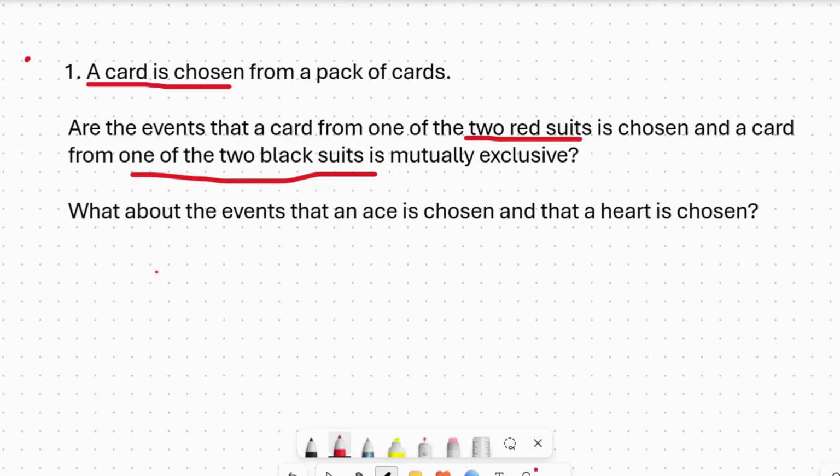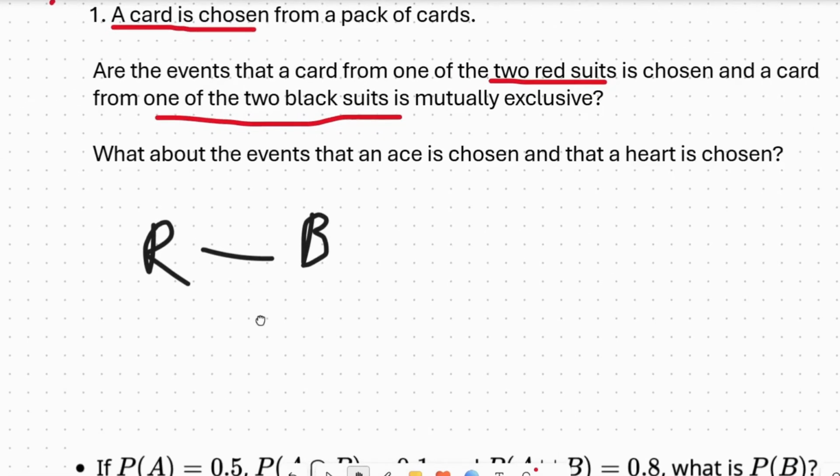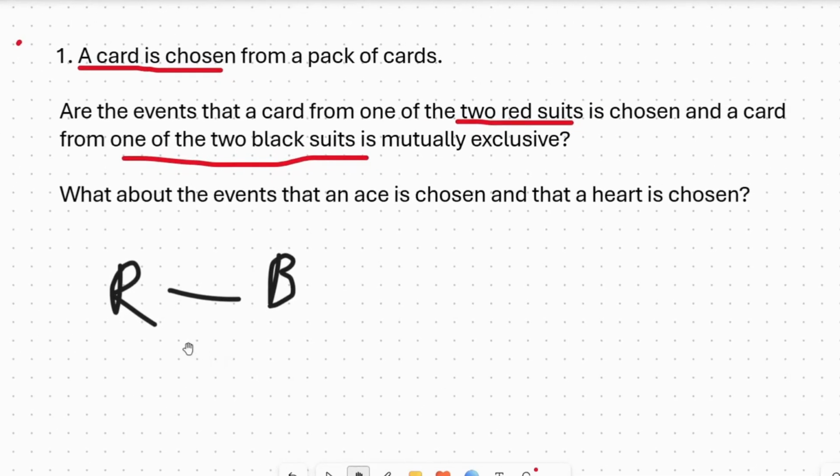Obviously, this is mutually exclusive, because when we pick up a card, it can be red or it can be black. It is not possible to choose both in a single card.